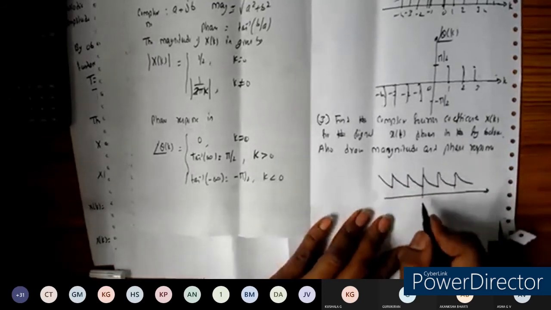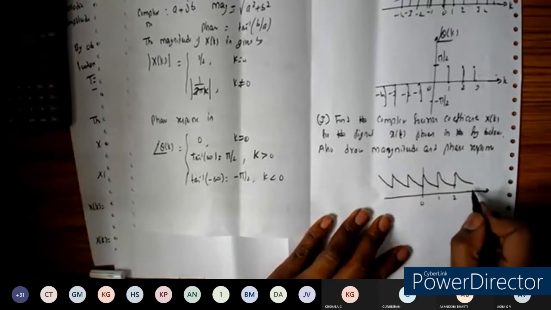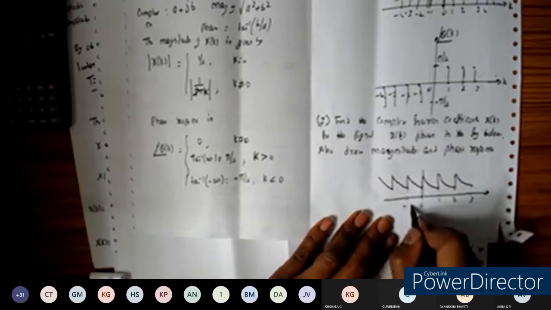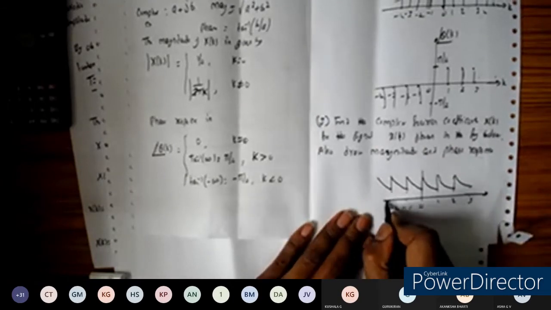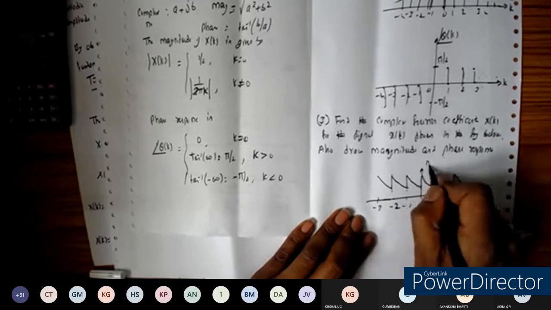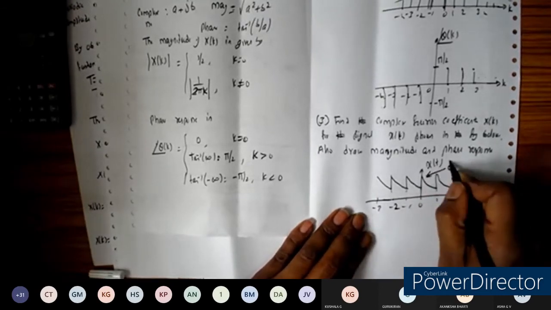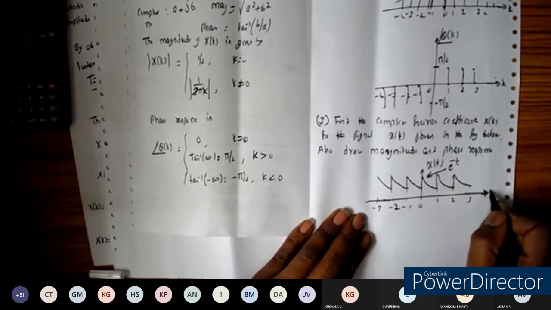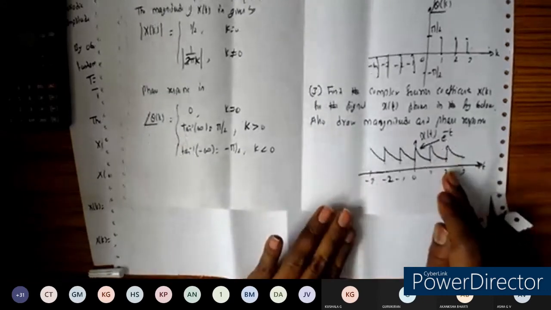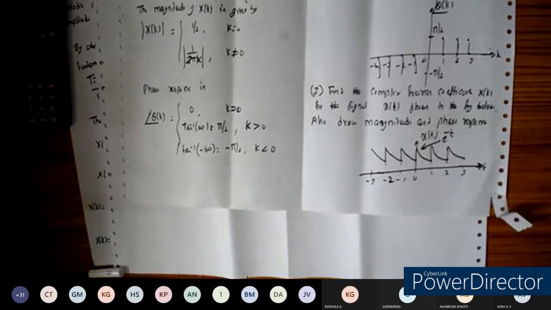So this is an exponentially decaying signal, with the axis marked 0, 1, 2, 3, -1, -2, -3. This is x of t, which is equal to e to the power of minus t. In the exam, whenever the waveform is given, they give this kind of question, and that is the expression for this one: e to the power of minus t.